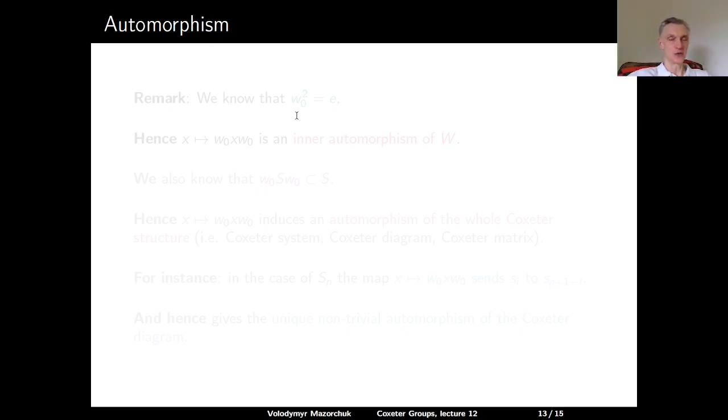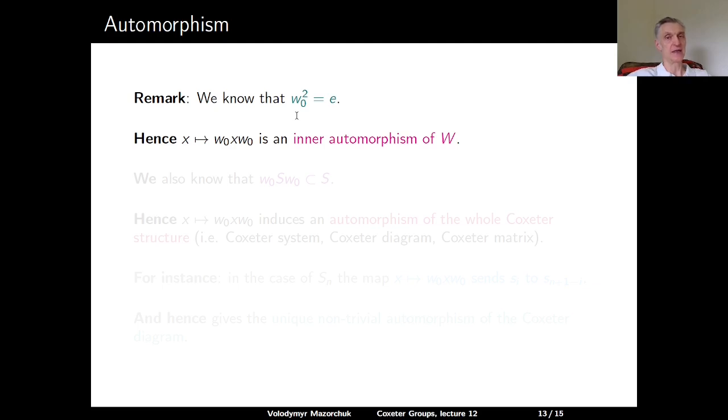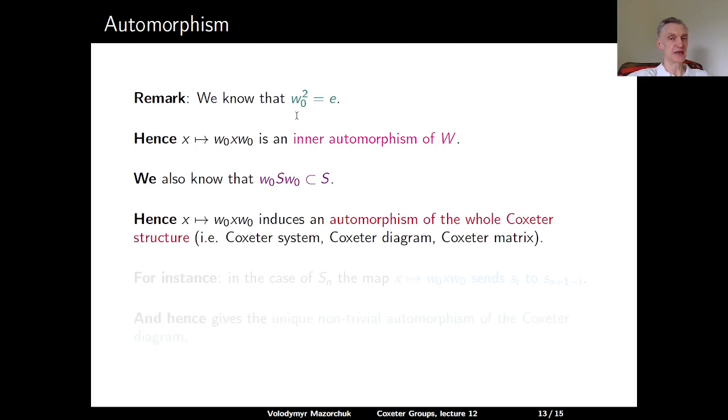In fact, it's an automorphism of the whole Coxeter structure. We know that w0 squared is the identity, and this means that the map which takes x to w0xw0 is an inner automorphism of W. But we also know that conjugation by w0 sends simple reflections to simple reflections. So this map induces an automorphism of the whole Coxeter structure, so of the Coxeter system, Coxeter diagram, and Coxeter matrix.